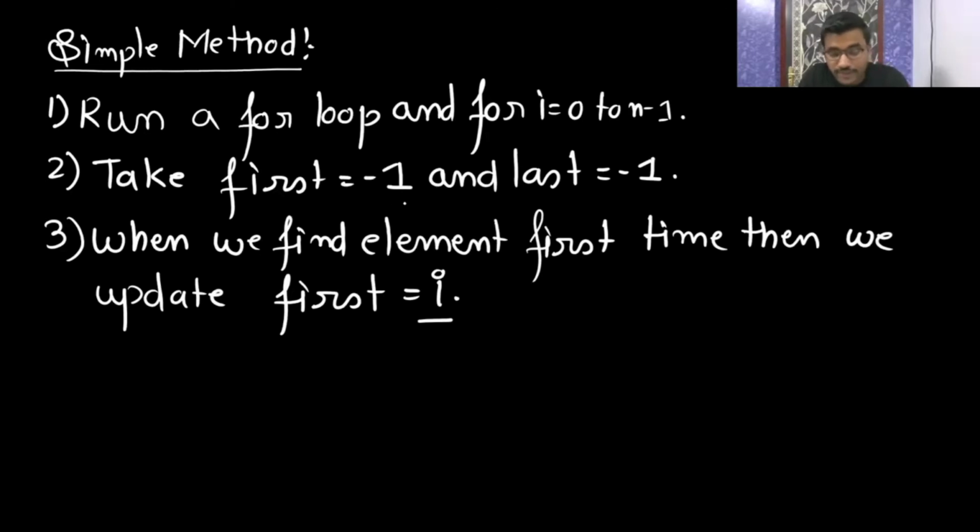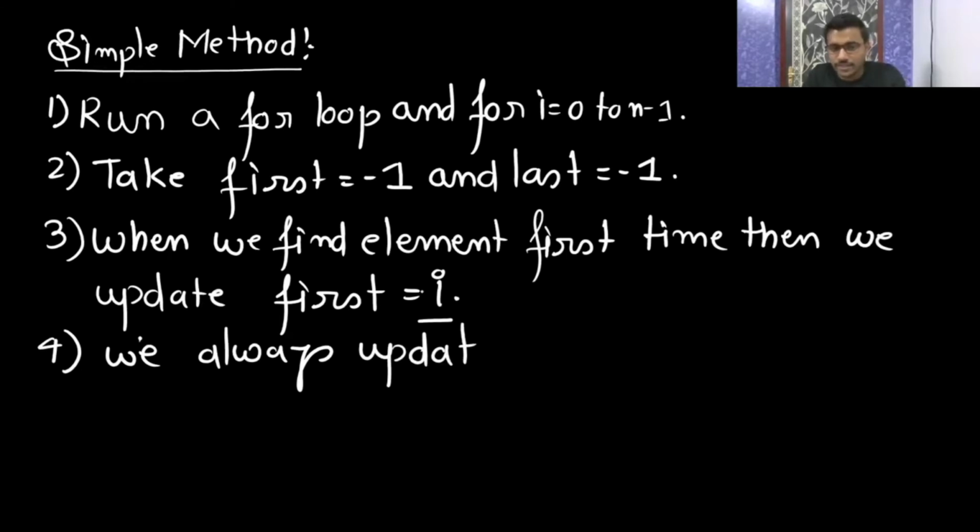So with that, where it is the index, I will update there. Now next, we always update last, and here I am just going to update first once. So when we find the element the first time, then we are going to update first.